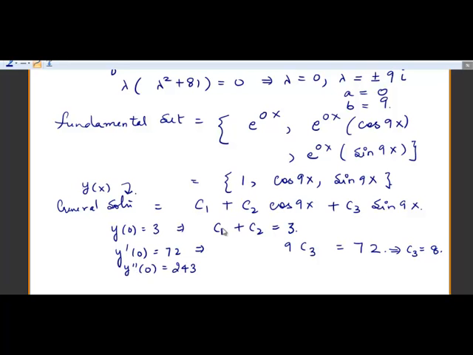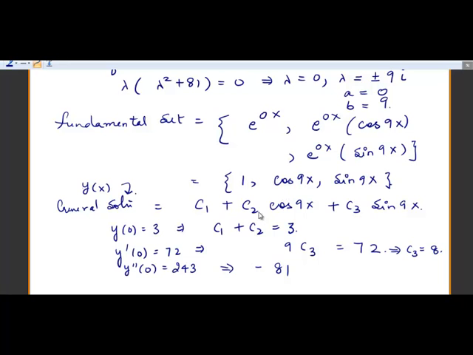Now to get C1 and C2, we need another condition. So let's see what the double derivative is. This is gone. Cosine gives sine and sine further gives cosine, so that will only contribute, because this will give cosine and then further sine, and sine of 0 will be 0. So this is the only term contributing. How much will be the coefficient? Negative 81.